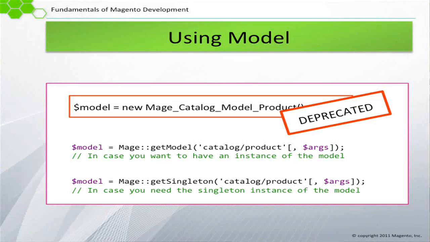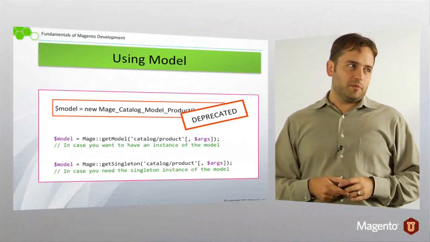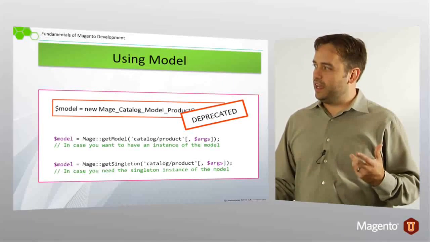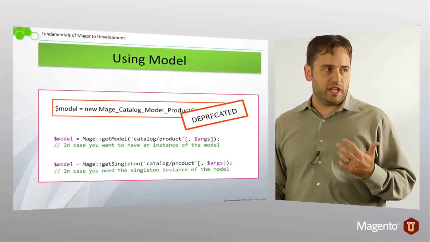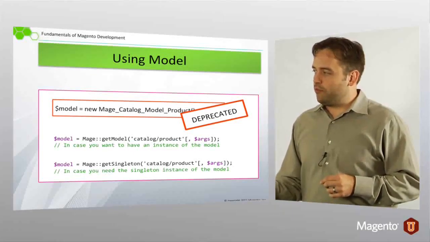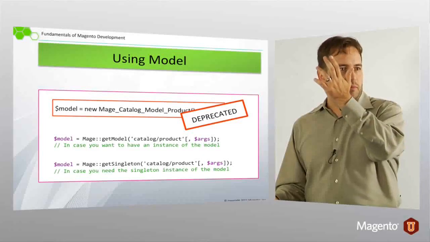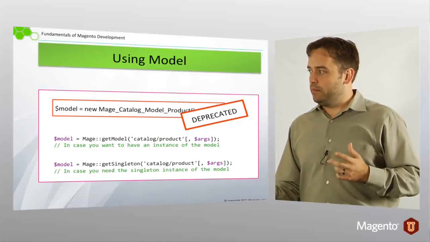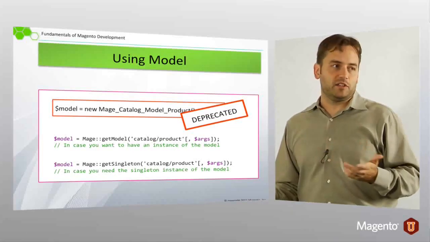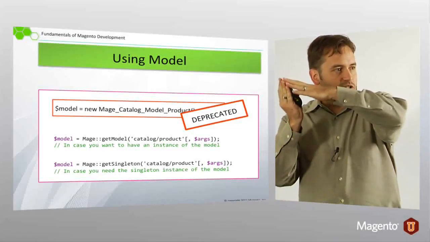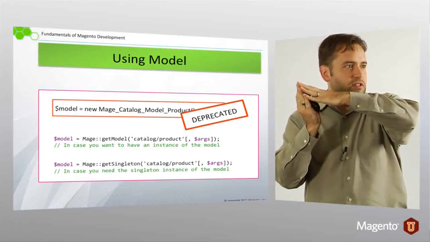If we wanted to get a single instance, I discussed singletons the other day, in that unique Magento way that they do singletons. We would do it this way. In the same execution scope, if I call Mage get singleton and assign it to some variable, and later on I call Mage get singleton and assign that to another variable, those two variables are just pointers to the same entity instance.